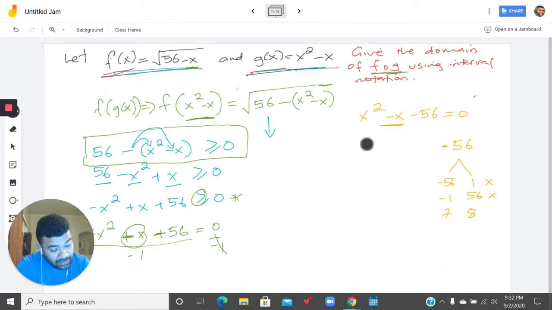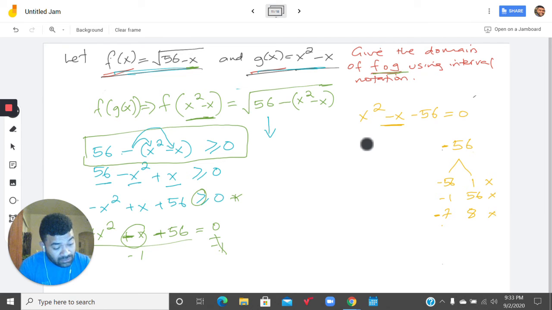If I make negative 7 and 8 remains a positive, negative 7 multiplied by 8 gives me a negative 56, right? But if I add them, it gives me a positive 1, so that one doesn't work.